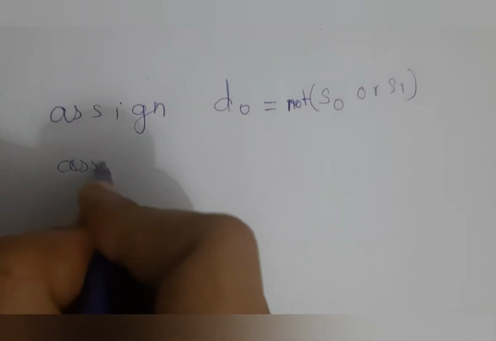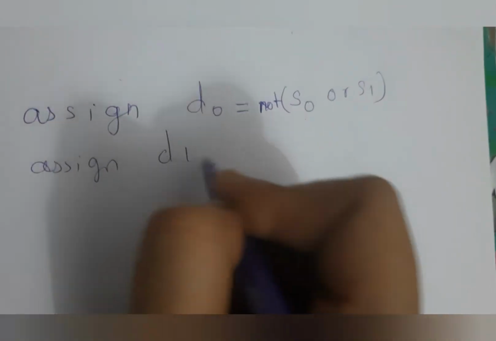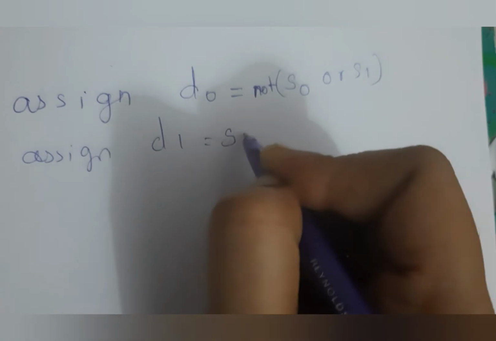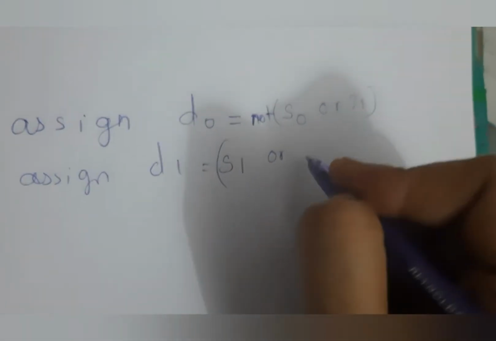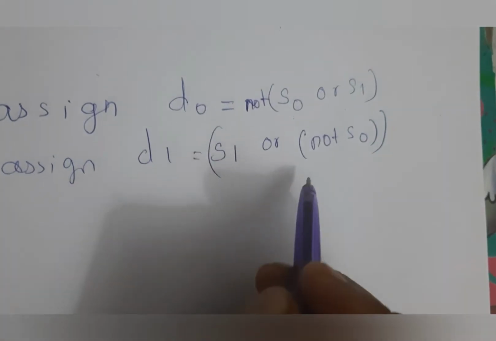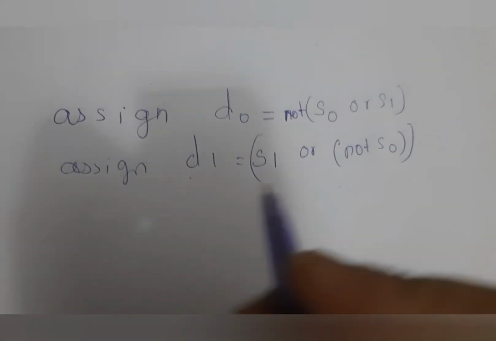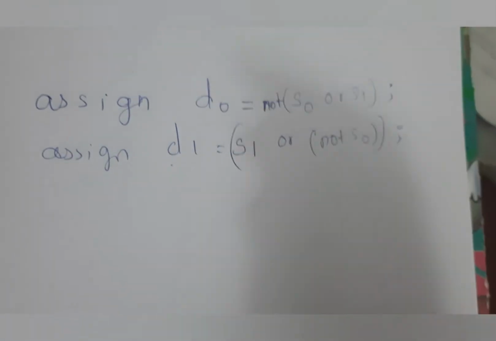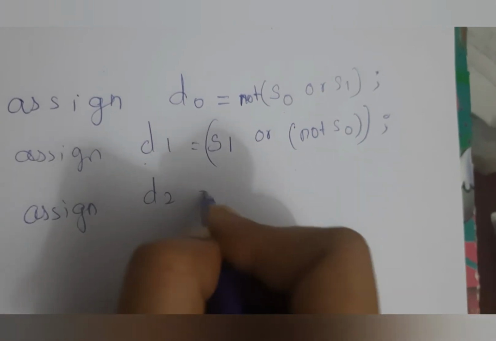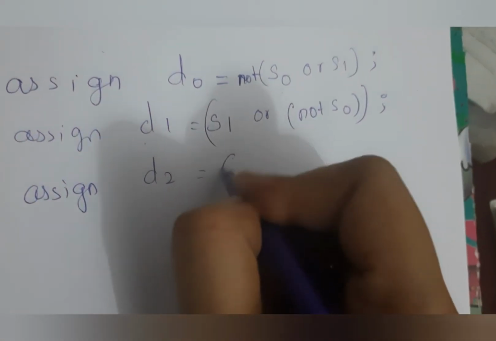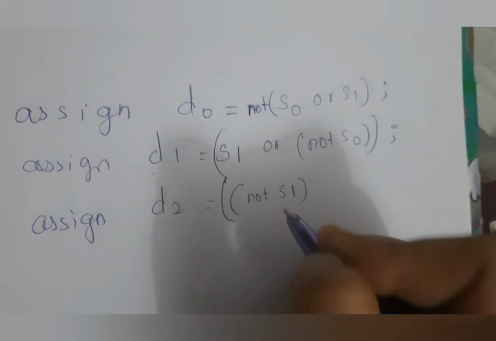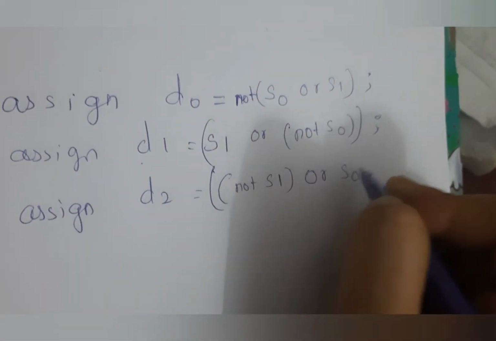Similarly, assign D1: D1 is S1 or not S0. For this condition we get the D1 value, then a semicolon. Again assign D2, and the condition for D2 is not S1 or S0. Again assign D3, and the condition here is not S1 or not S0.